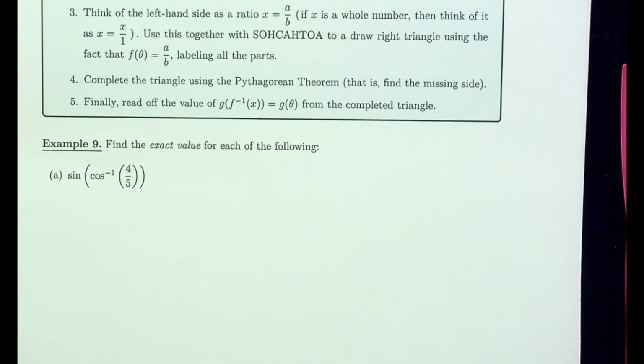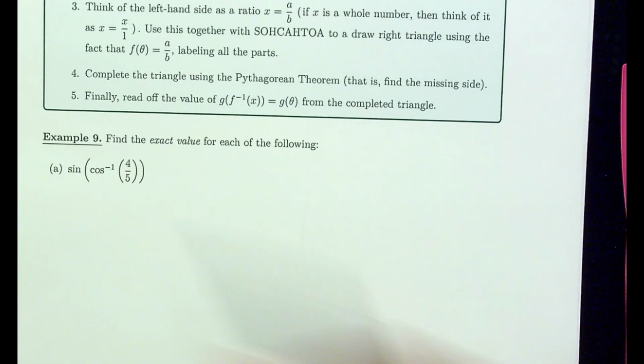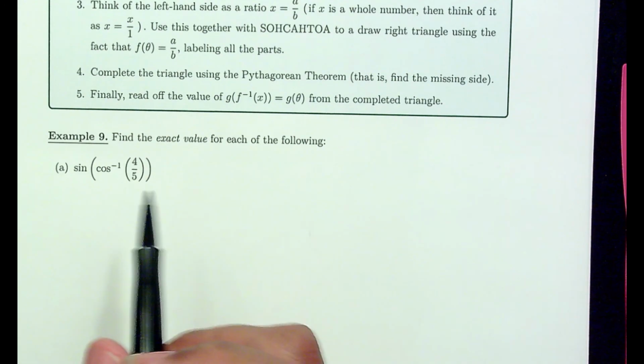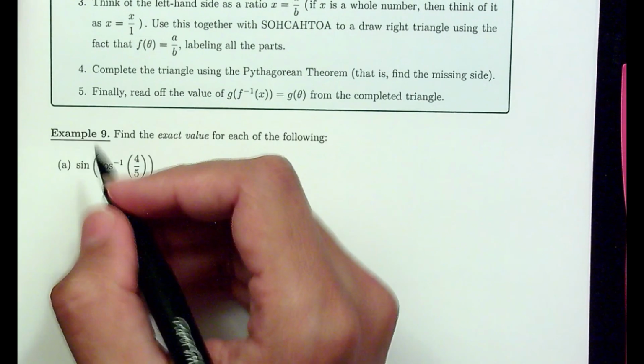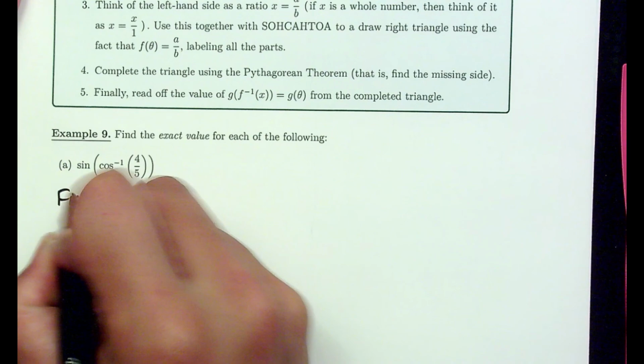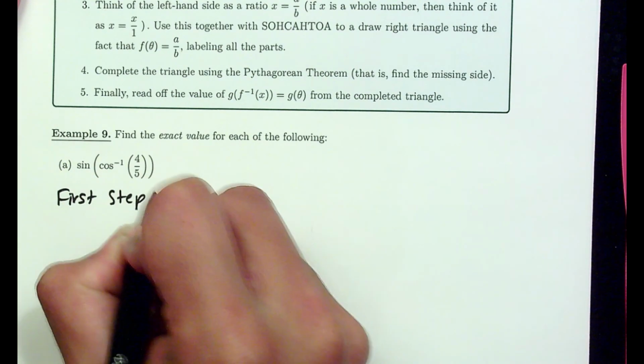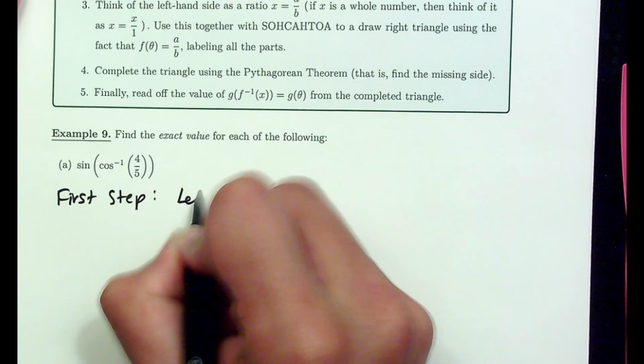Okay. If you have a composition where the inverse function is inside, the very first step is you're going to give a name to the inside.